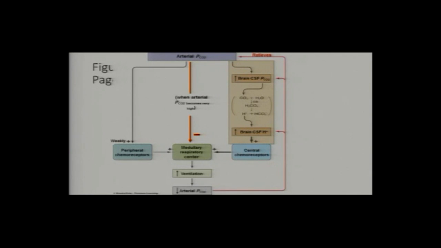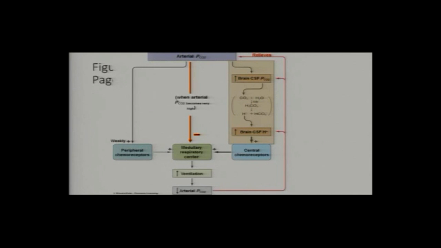Now, if your PCO2 becomes extremely high, there are two ways this happens. It can happen gradually, and the PCO2 can become very high chronically, like you see in obstructive pulmonary diseases like emphysema.